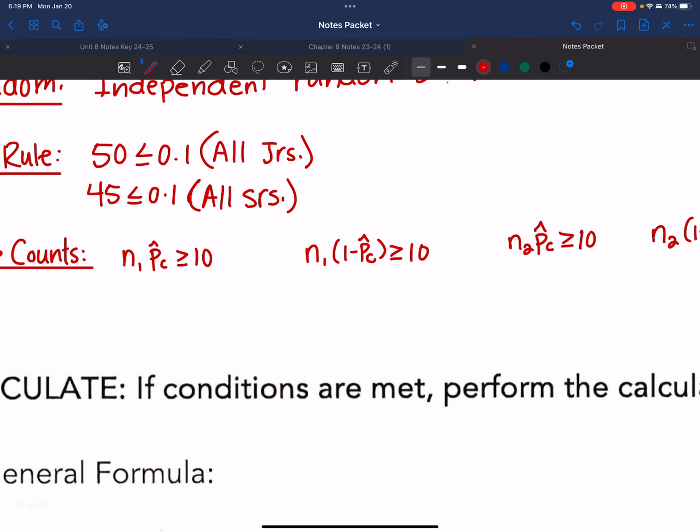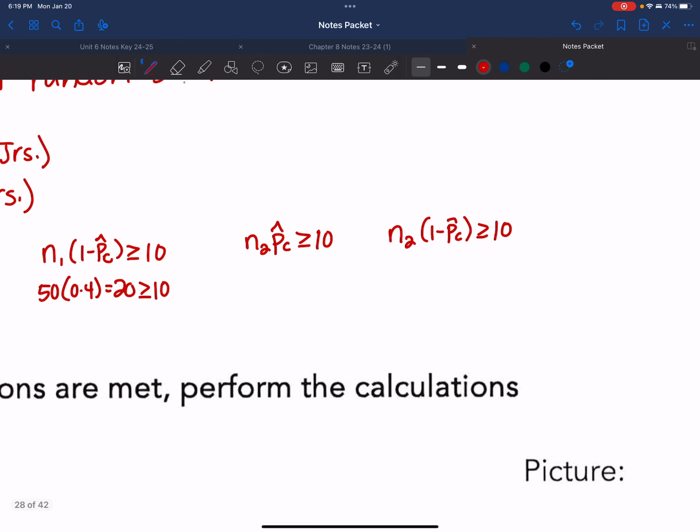And so n1 is 50 times 0.6. That gives me, what is that, 30? That's greater than or equal to 10. And then I'm going to have 50 times 0.4. That's equal to 20, which is greater than or equal to 10. And then I'm going to come over here. I had 45 times 0.6.